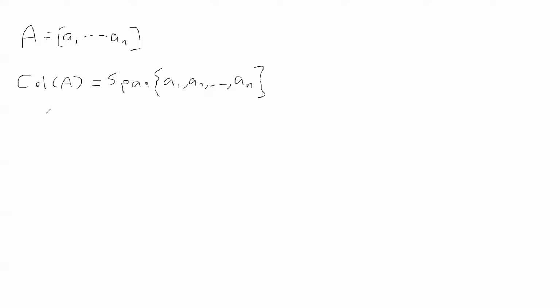So the column space of A is all possible linear combinations using A1 to An.